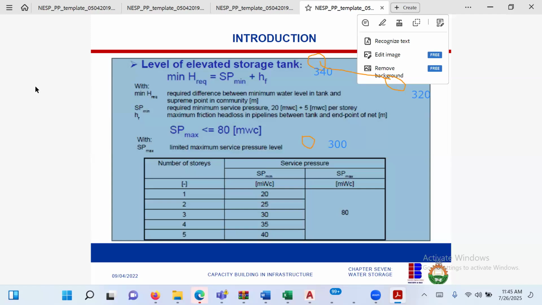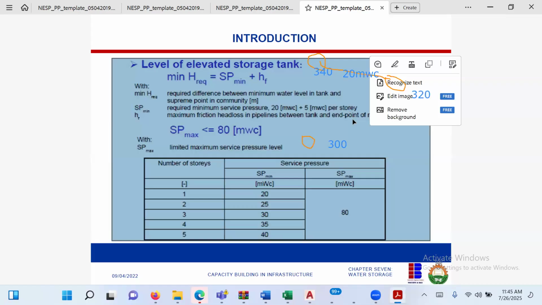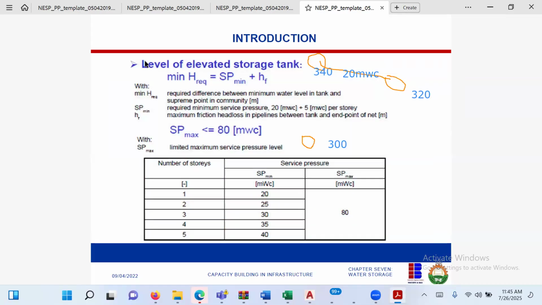It means I have my 20, my service pressure. I meet up with my service pressure. Then the water now flows from here again to here.